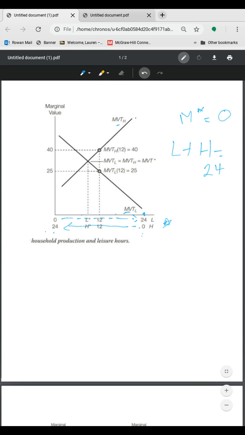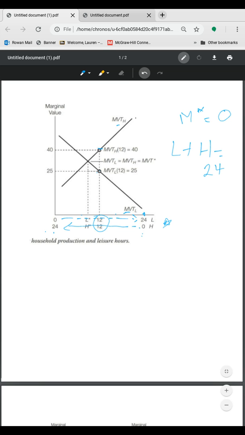All right, so this axis difference is why we have marginal value of time upward sloping. So not too important, but we have an upward sloping line and downward sloping line. So your book just picked a point, and this is where the hours for both equal 12.